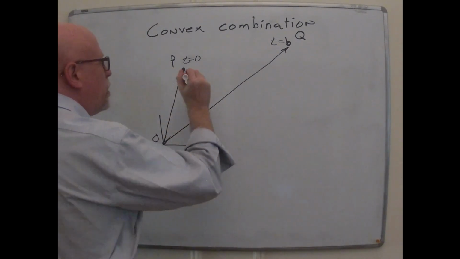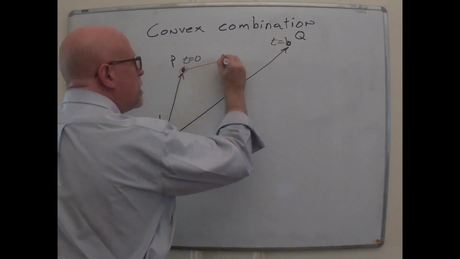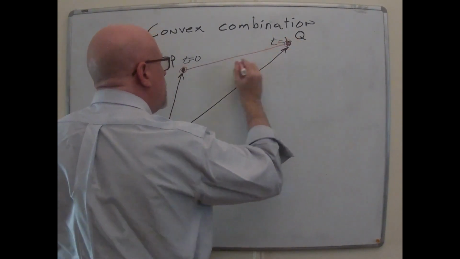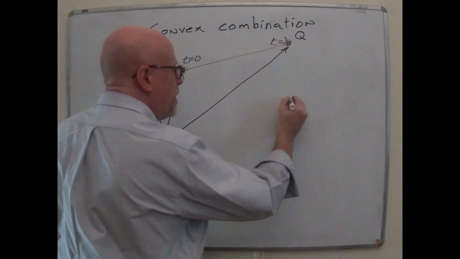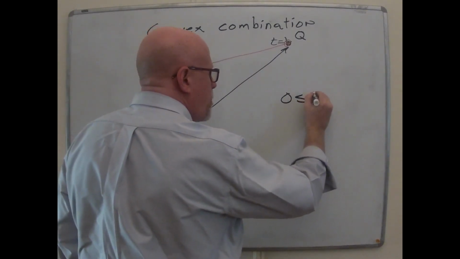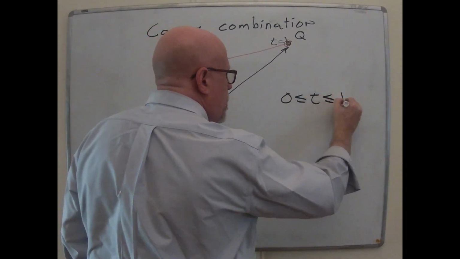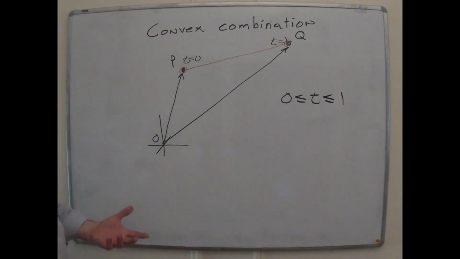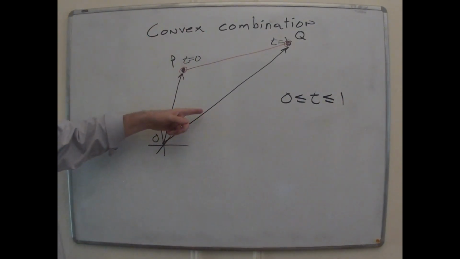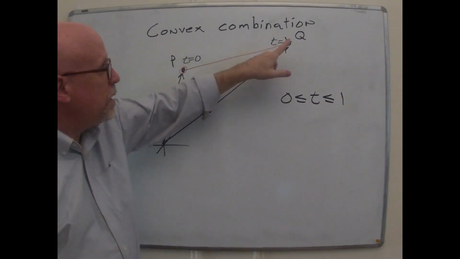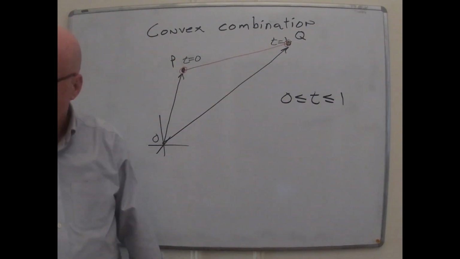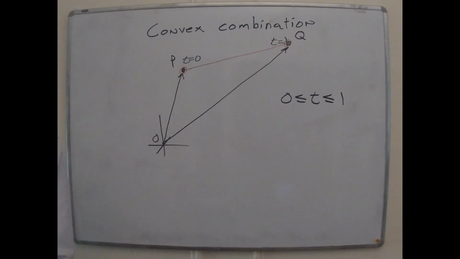We want to get an equation for this segment that depends on the parameter running between 0 and 1. And why are 0 and 1 so nice? Well, you can make it happen that when time is 0, you'll be here. And you can make it happen that when time is 1, you'll be here. And you can do it really, I think it's a clever idea.